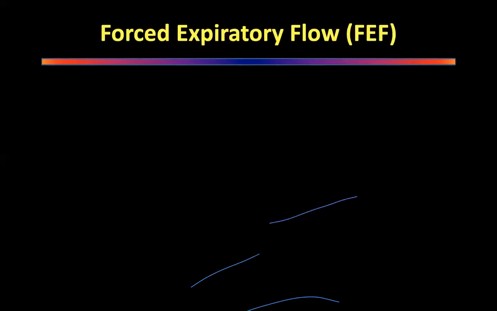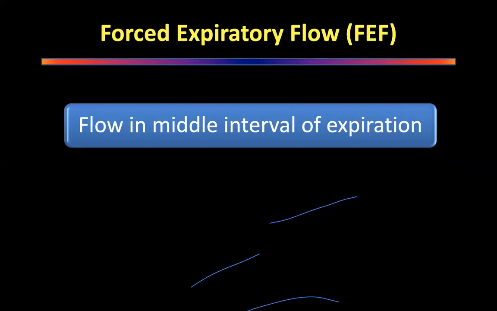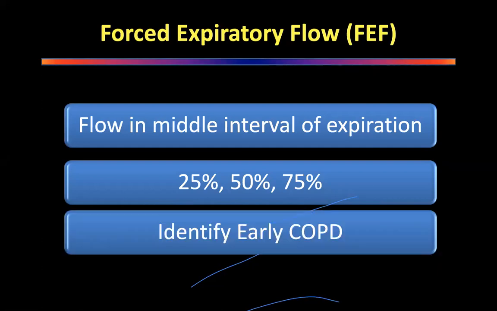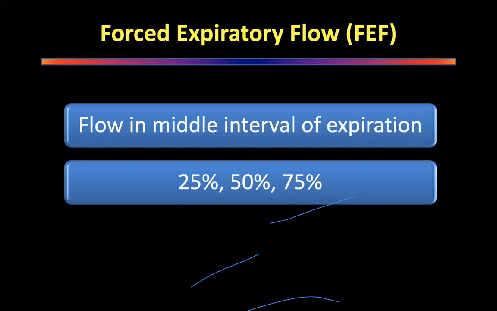Okay. So the next value which we sometimes use in our analysis is forced expiratory flow. Forced expiratory flow is an analysis in the middle of that curve, okay? So you want to know what happened at 25%, at 50%, at 75%. These are markers which will give you subtle changes.